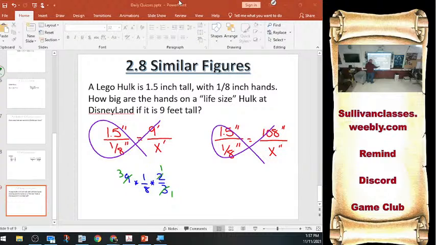I could just get 3/4. Now if I do that, it's 3/4 of a foot. If you had said 3/4 of a foot, that's fine. What is 3/4 of 12 inches? 9 inches.